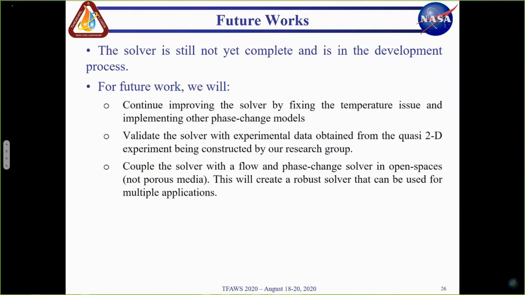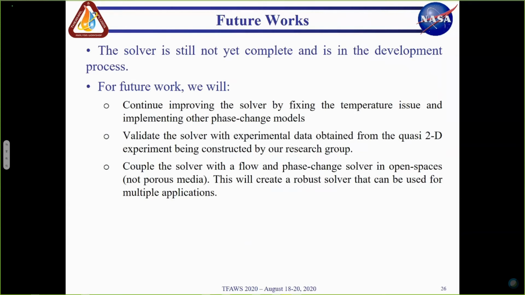Our solver is still not complete, and it is still in the development process. For our future work, we will continue improving the solver by fixing the temperature issue and implementing other phase change models. We will validate our solver with experimental data obtained from the quasi-2D experiment that is being constructed by our research group.